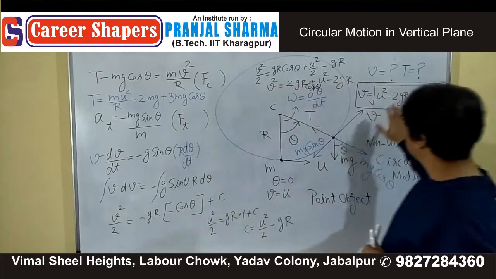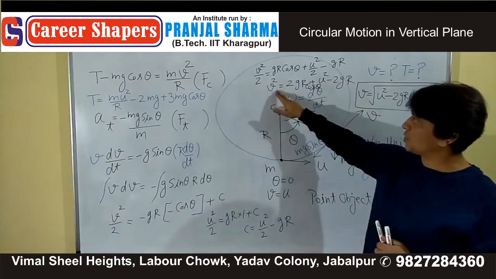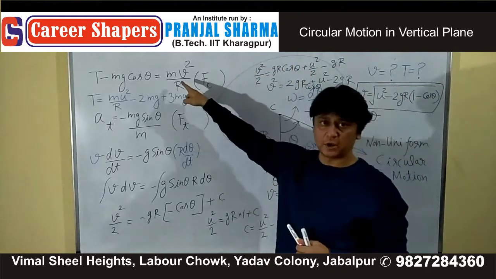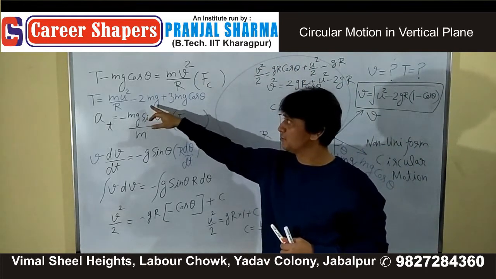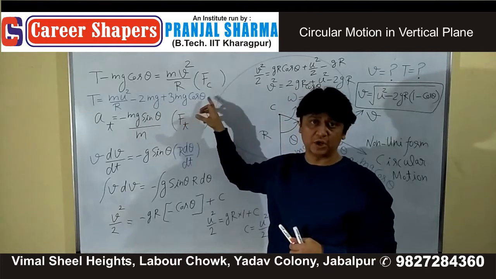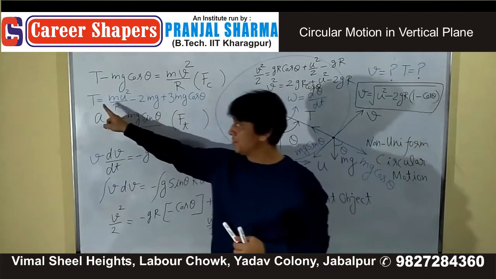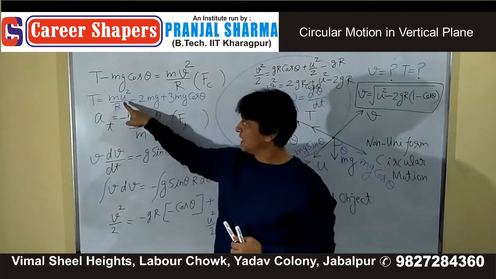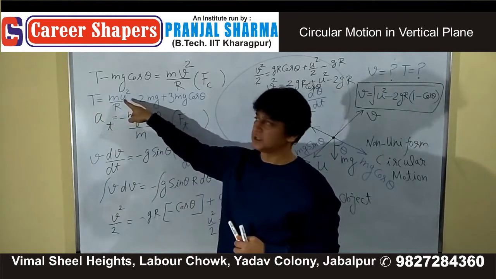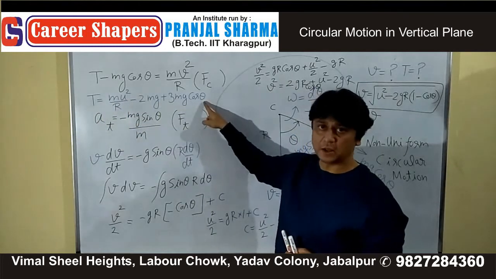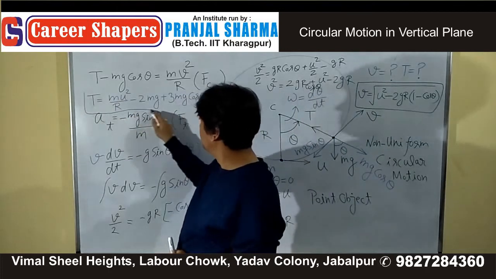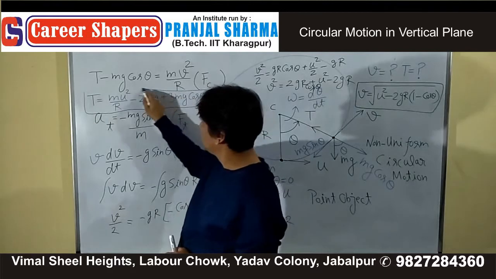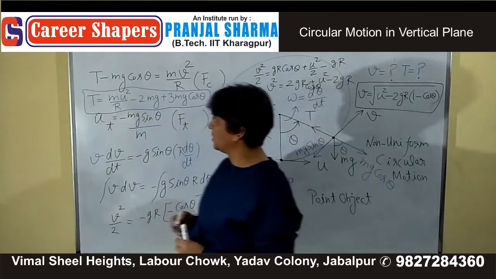Nothing special. Take the value of v square, put it over here, and this t will give you mu square by r minus 2mg plus 3mg cos theta. Remember, we have got tension force in terms of initial velocity and theta.